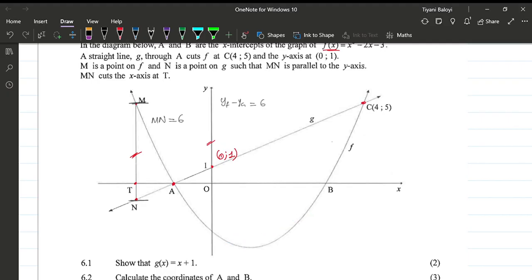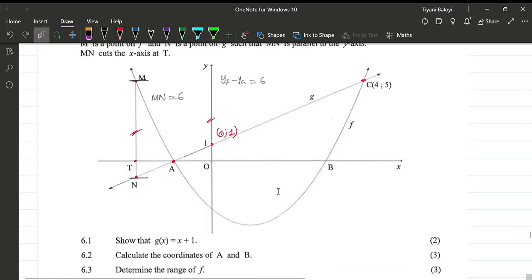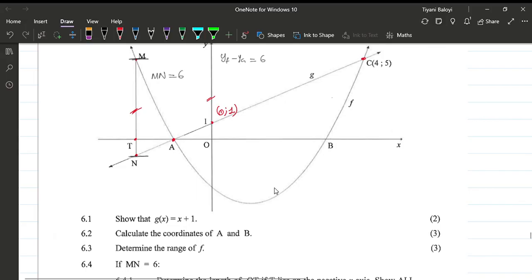So let's look at it like this. We want a tangent that is parallel to this, which is tangential to f, right? So we can draw it like this. Let me just find the line here somewhere and try to place it very well.